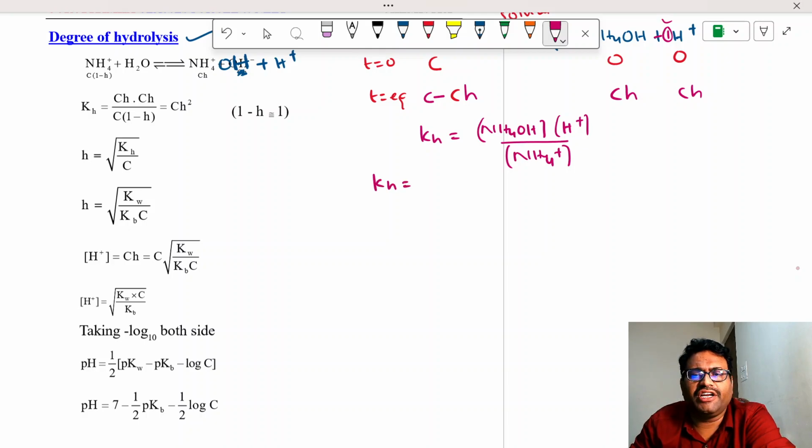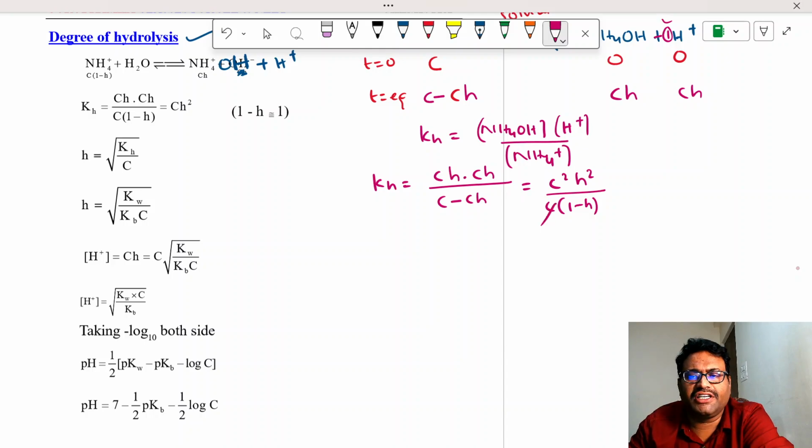Kh is equal to Ch into Ch by C minus Ch, which is equal to C square h square by C into 1 minus h. C gets cancelled, then you get Kh equal to C h square by 1 minus h.